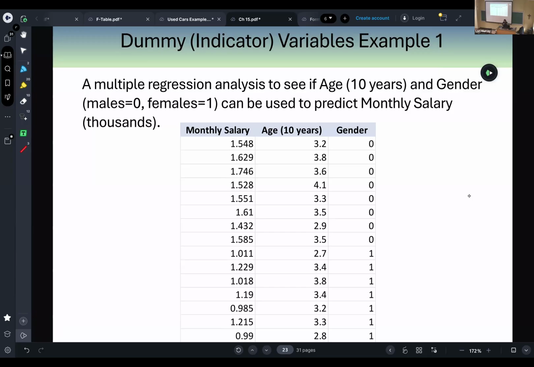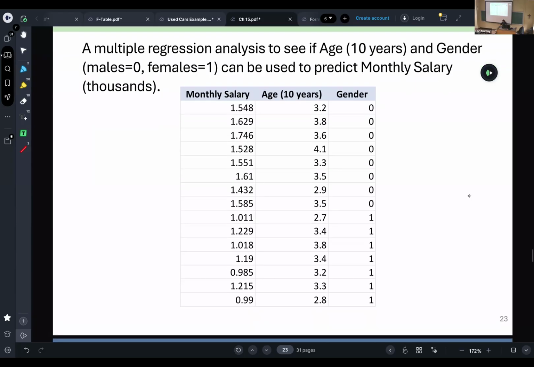Then you can look at monthly salary, for example, and the age is in decades, so 3.2 would be 32 years. Monthly salary is in thousands, so that would be 15,480 gross salary. And then we have the gender, 0. In this case, they've been defined as male 0 and female 1. Small set. How many did I use here?